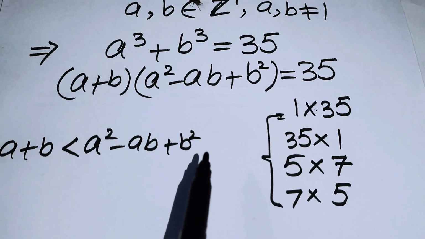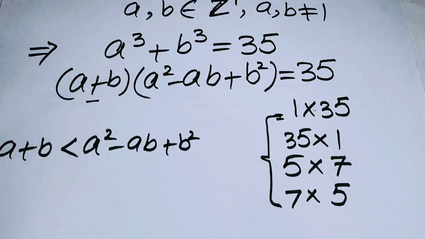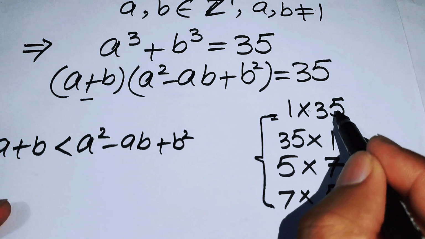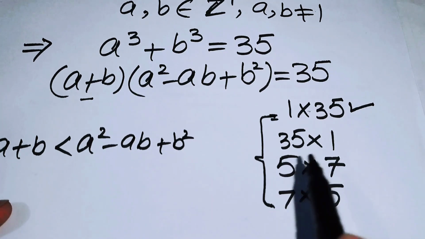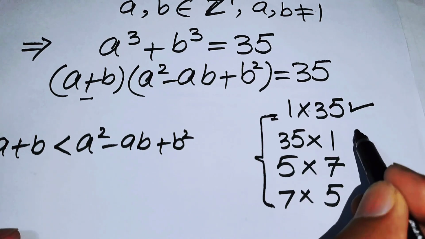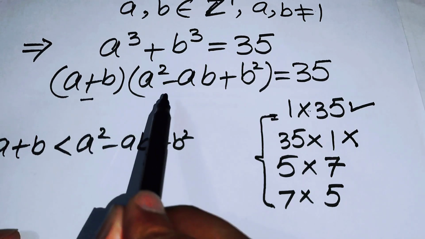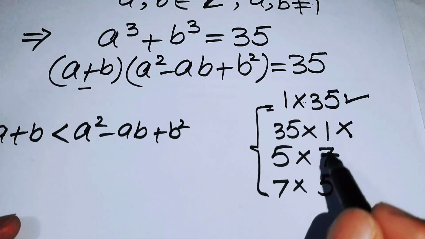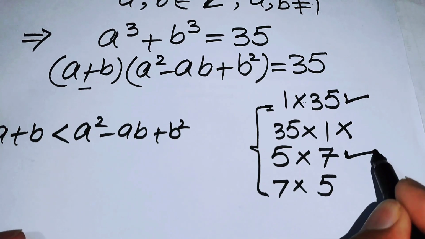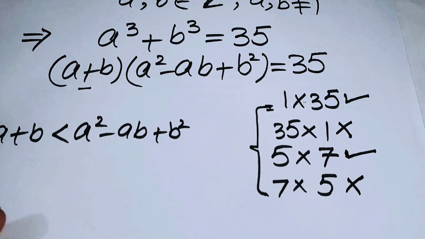So first you choose pairs in which the first term is less than the second term. Here 1 is less than 35, so I will choose this pair, but in this pair the first term is greater than the second term, so I cannot choose it. The next pair, 5 and 7, has the first less than the second, so we will choose this one also, and in the last pair the first is greater than the second, so I cannot choose it.